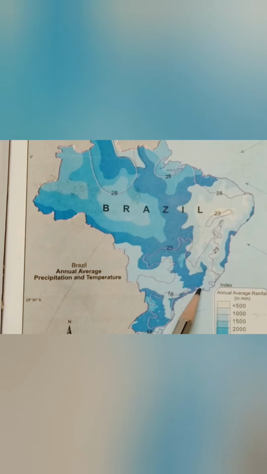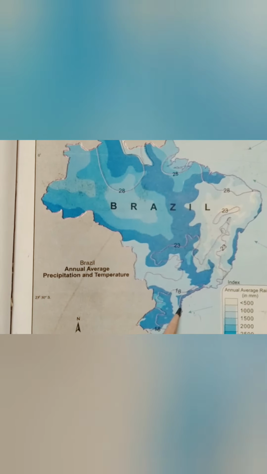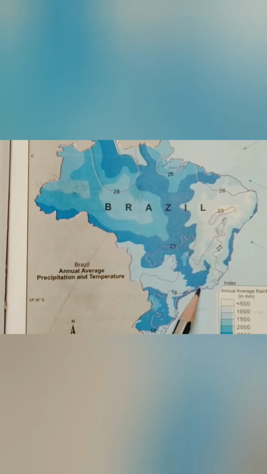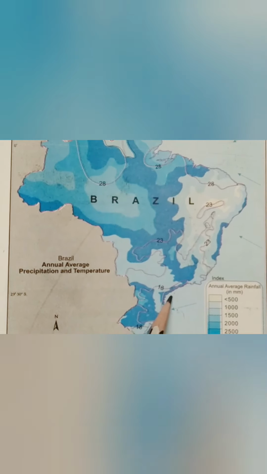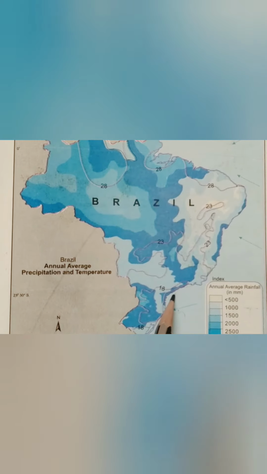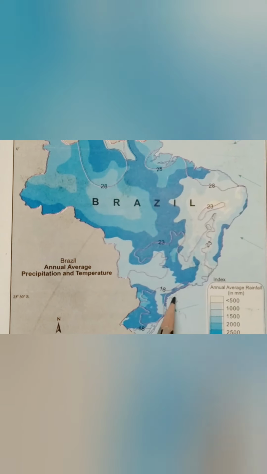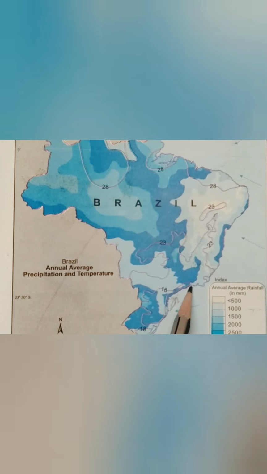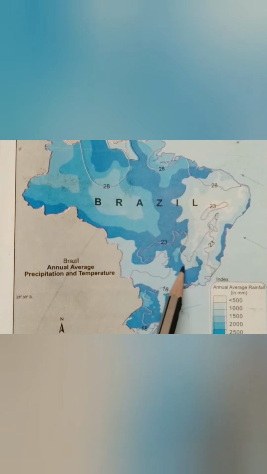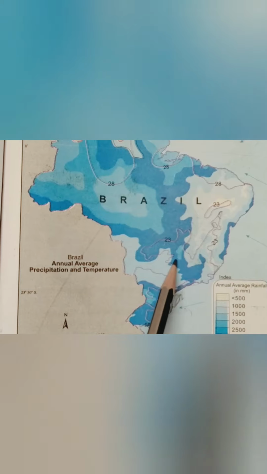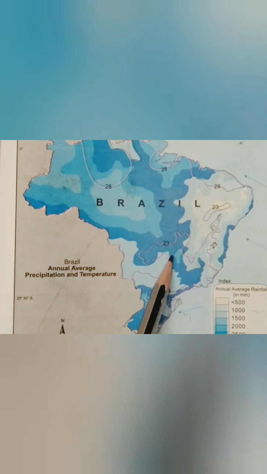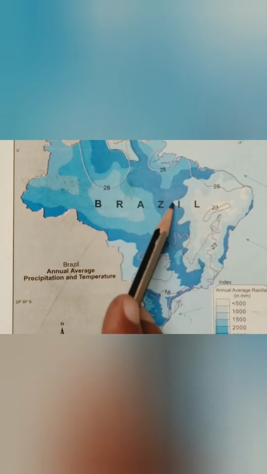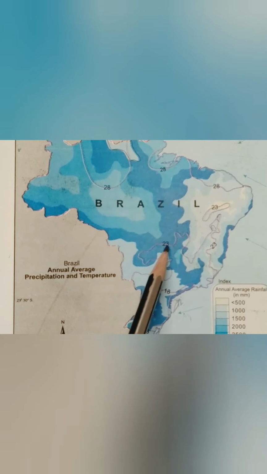Now, when these winds are blocked by the great escarpment, the great escarpment begins from here till here. And therefore, when the wind is blocked over here, the wind moves upward in this way, and as it goes, it enters the continent towards the Brazilian highland, giving very heavy rainfall in the Brazilian highland.